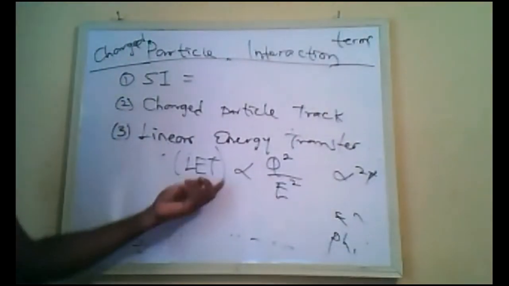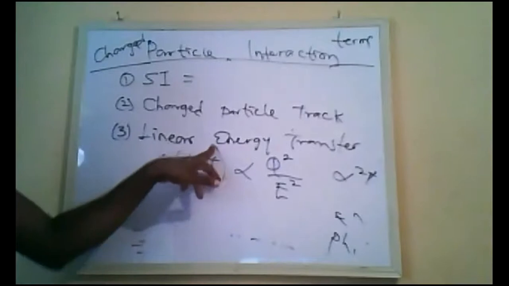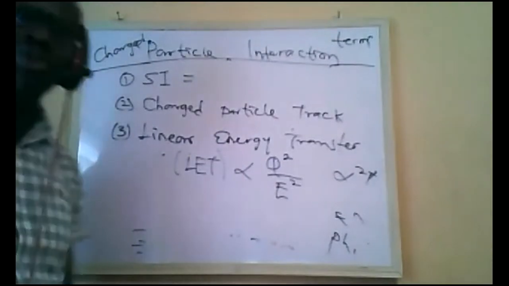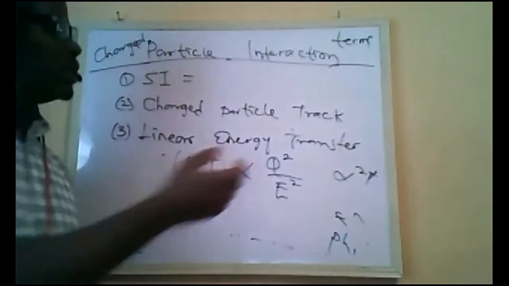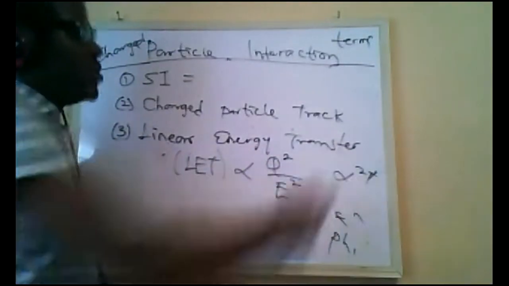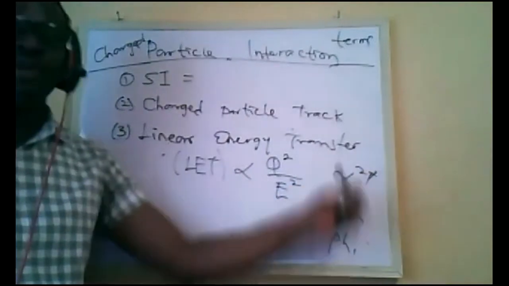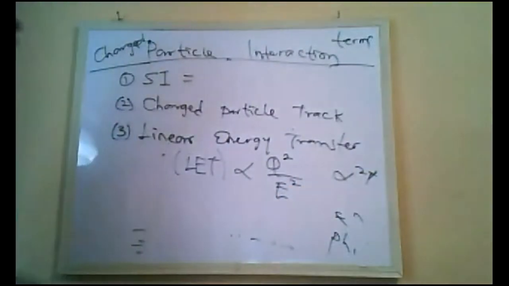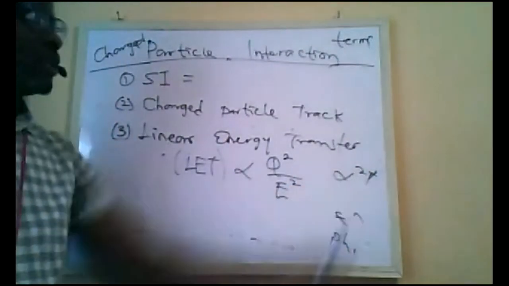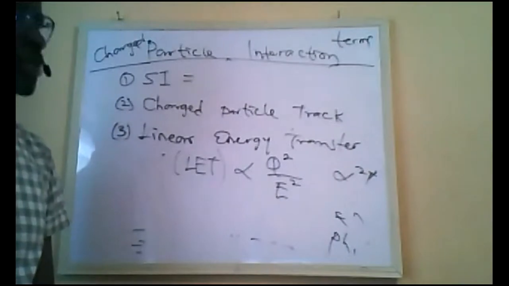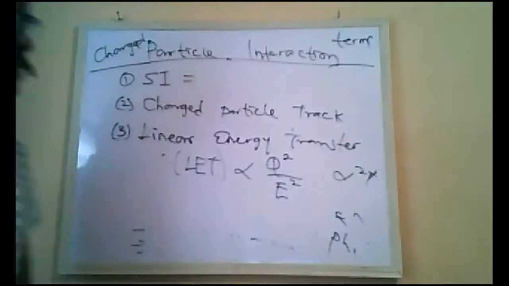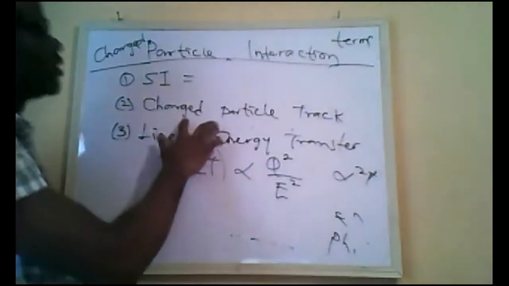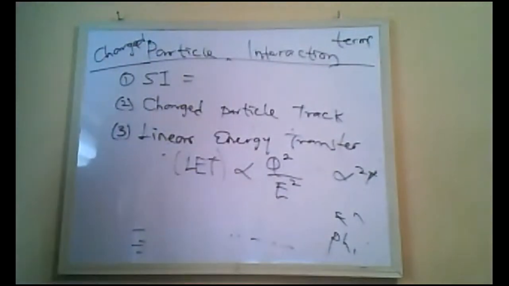This tells us a lot about biological damage. The type of damage that an alpha ray will cause is much more than that which an electron will cause. That is why we can easily stop an alpha ray with a piece of paper. Because of this, it doesn't travel so far.